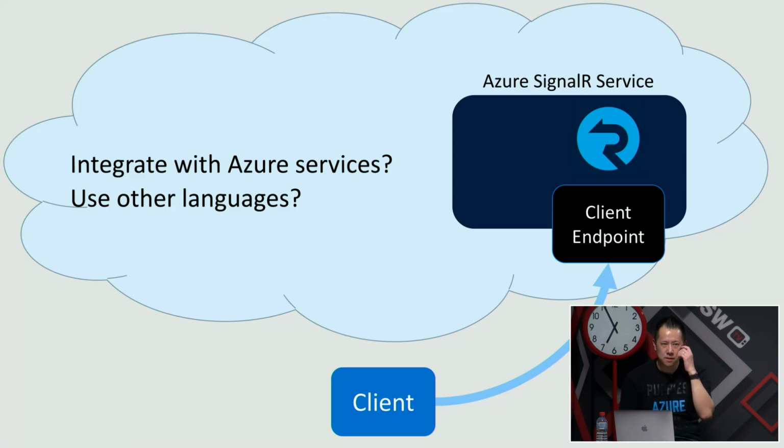Another question. Looking at how you changed from the locally deployed SignalR service to the Azure hosted one, you had to pull a different NuGet package and use a different extension to plug it in. Does it mean that if I have a SignalR service which I'm self-hosting somewhere, and then I want to switch to Azure, I need to change to a different NuGet package and a different extension?